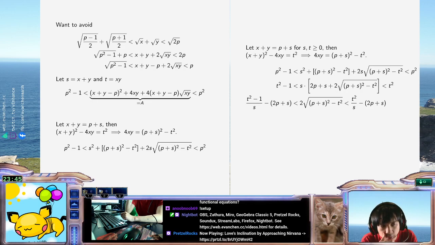T equals 1, s equals 0 is the main case. I don't know, this is looking really bad. Okay, whatever, square. Oh, this is so bad.